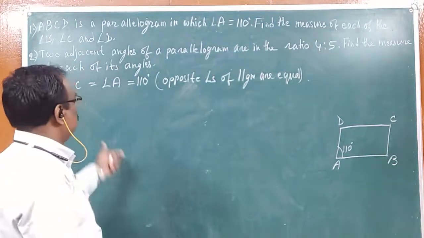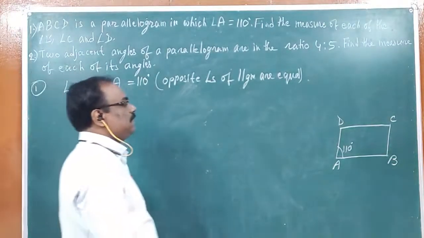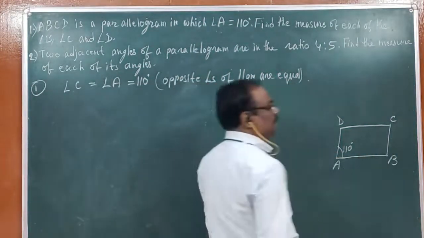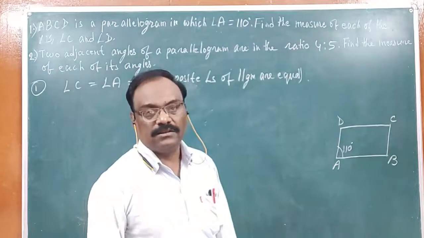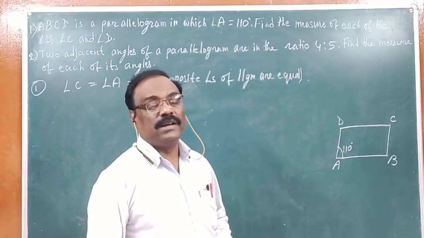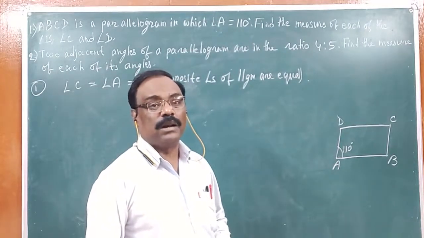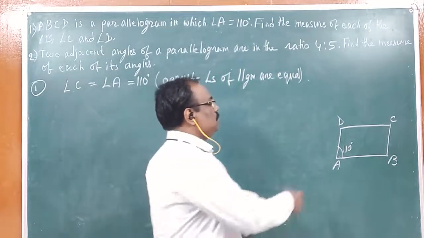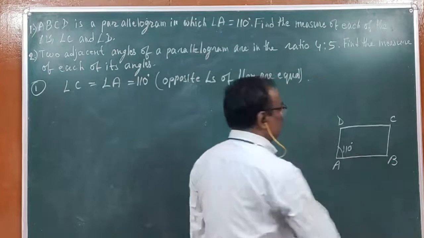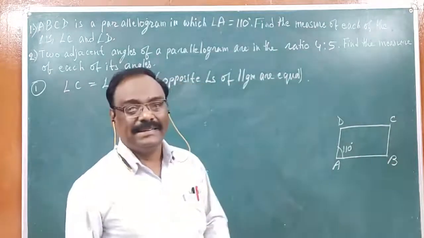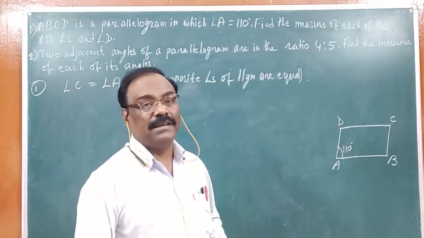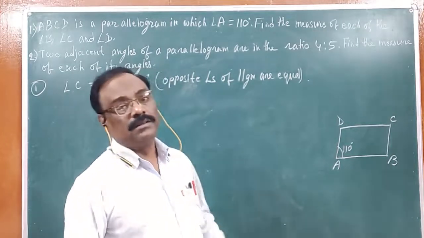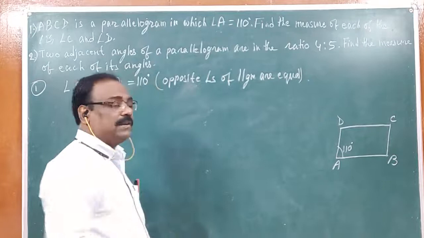Now we got angle C. Now we can find angle B. Angles A and B are adjacent angles, and we know that the sum of the adjacent angles of a parallelogram is equal to 180 degrees. One of these two is given to us, so from 180 degrees, if we subtract the given angle, we will get the measure of the other angle.